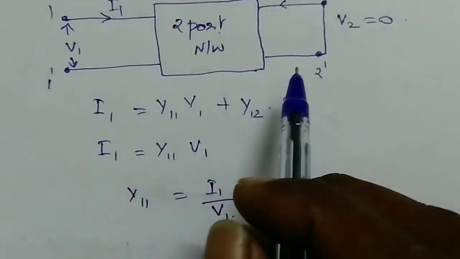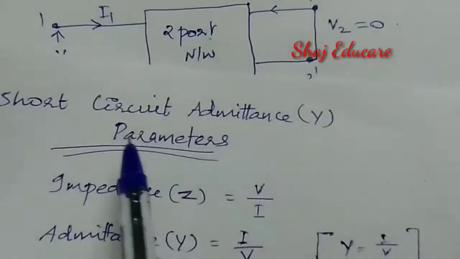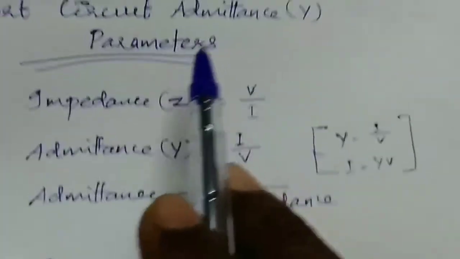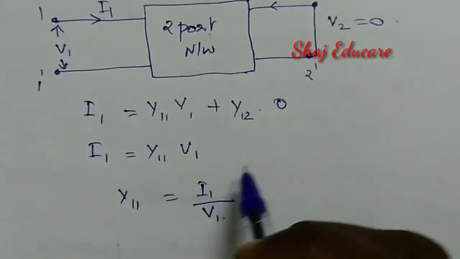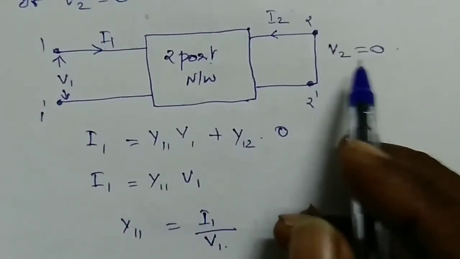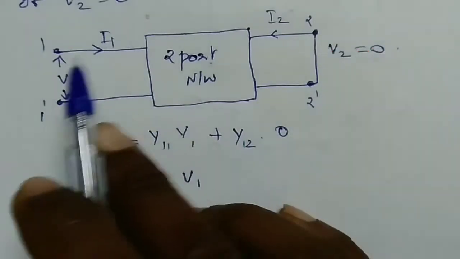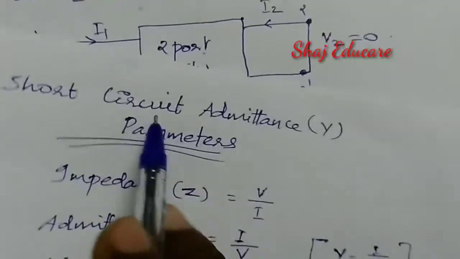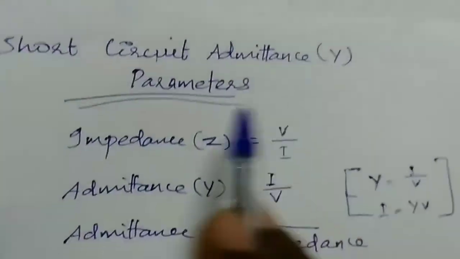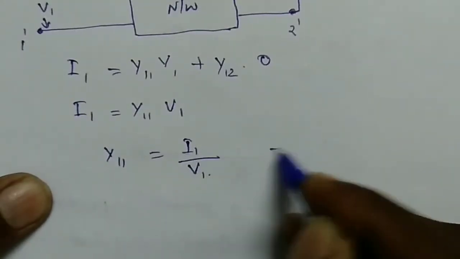Now we can understand why the name is short circuit admittance parameters: we can find the expressions for these Y parameters only by short circuiting the input port or the output port. That's why the name short circuit admittance parameters. So the expression for Y11 is I1 by V1.